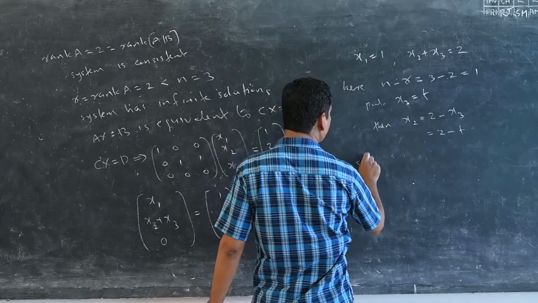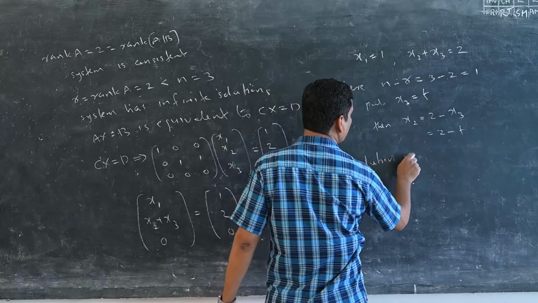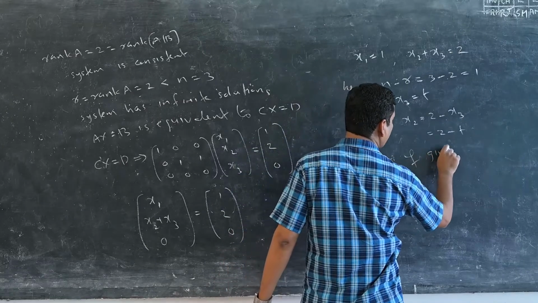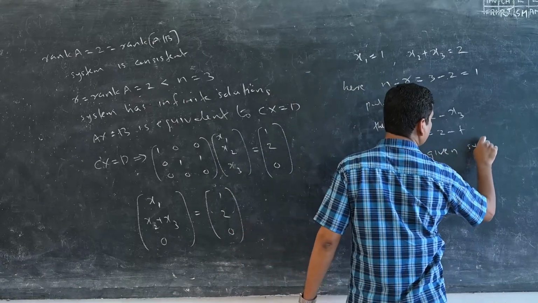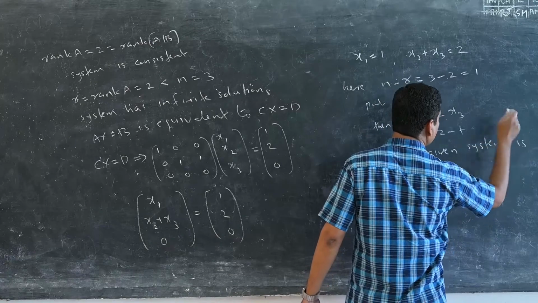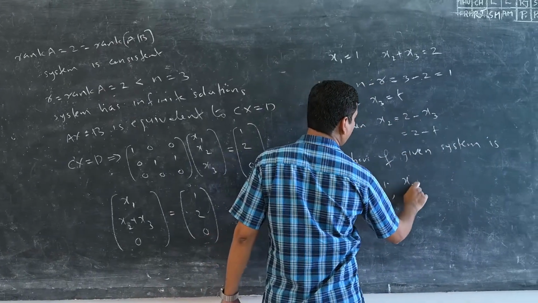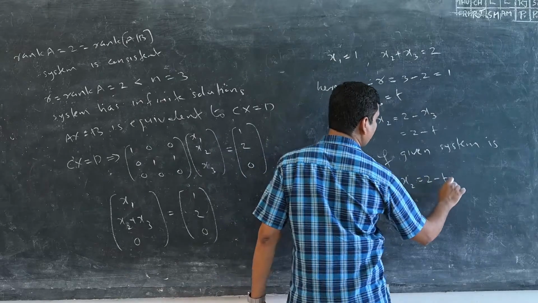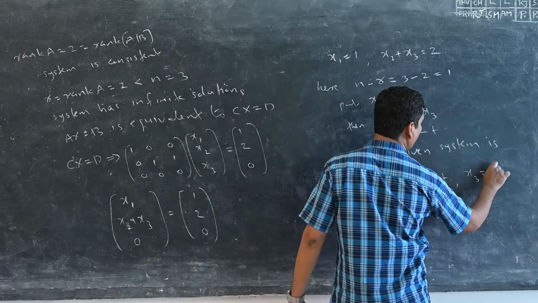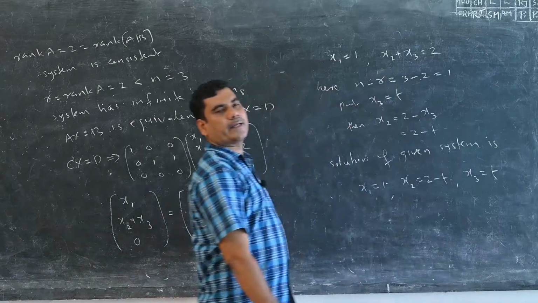So the solution of the given system is x1 is equal to 1, x2 is equal to 2 minus t, x3 is equal to t. Here t is any real number.